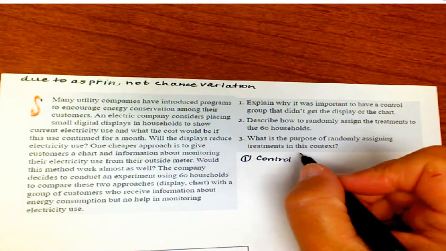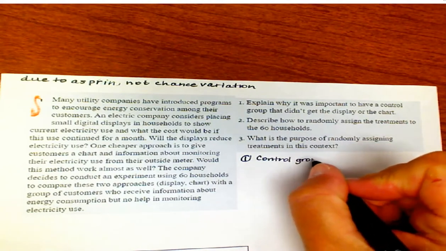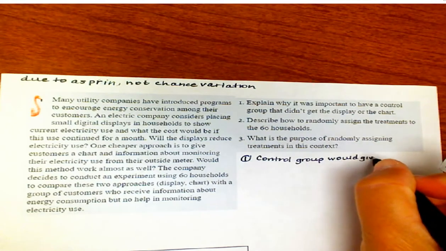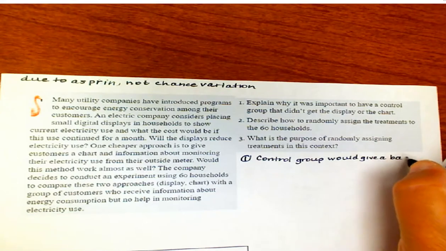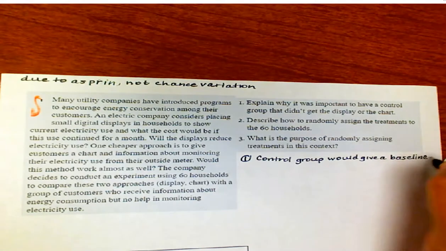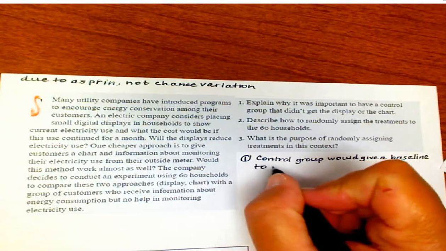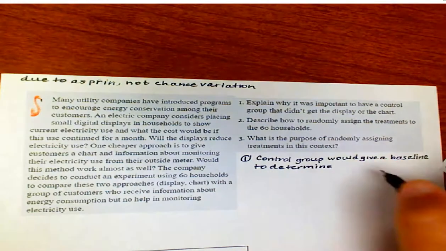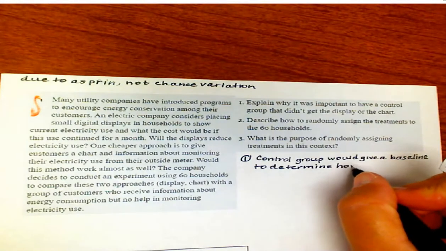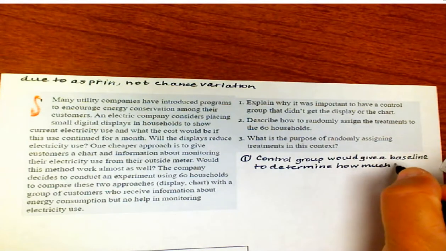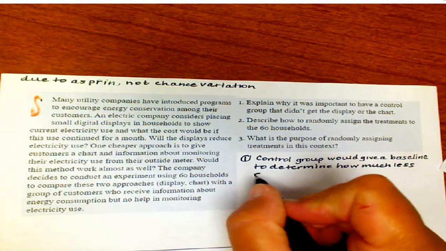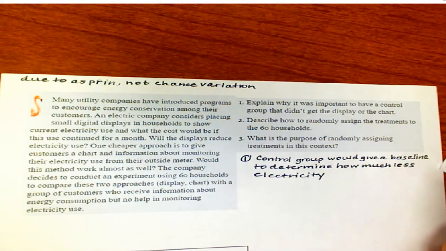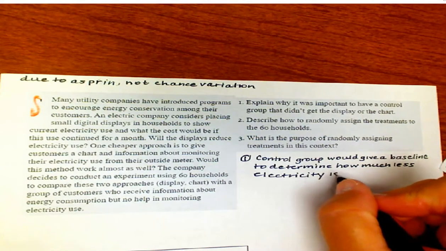Control group would give a baseline to determine how much less electricity is used in each treatment group.